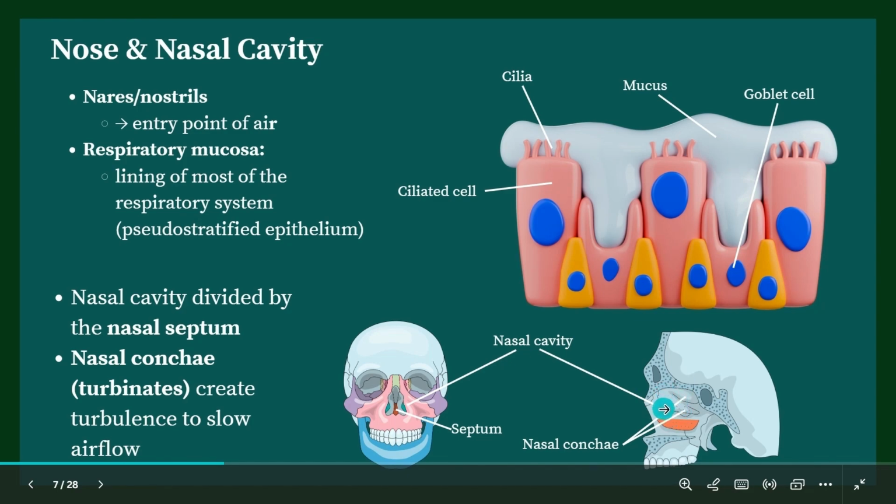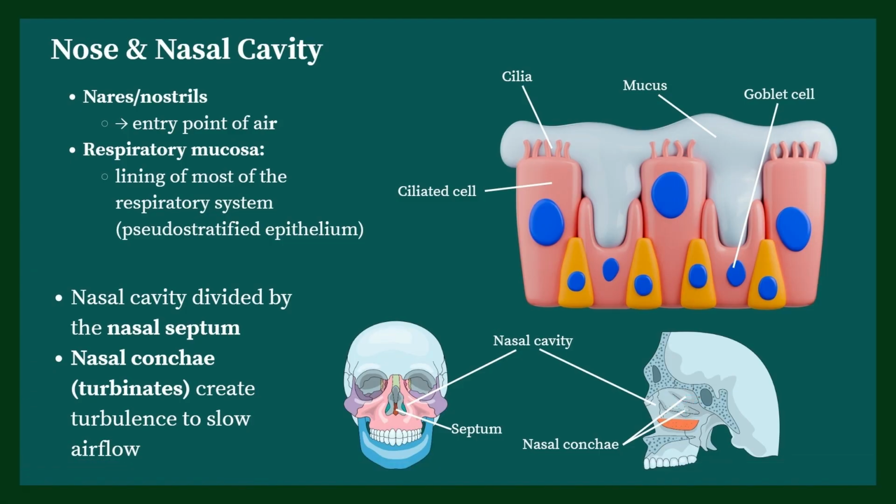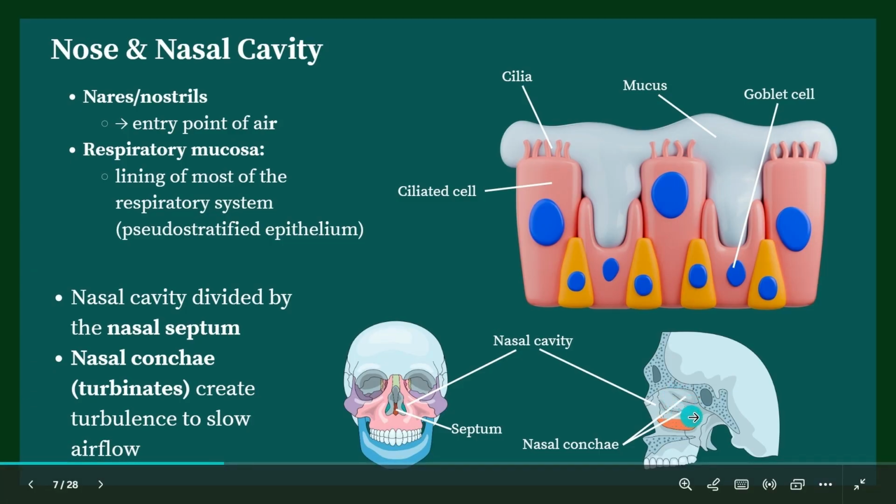It's got these folds here that the air will swirl around as it's going into the respiratory system, and that slows down the air to moisten it and to warm it up and to catch any more debris out of it before it goes further down into the respiratory system. Also known as conchae because it's shaped like a conch shell.